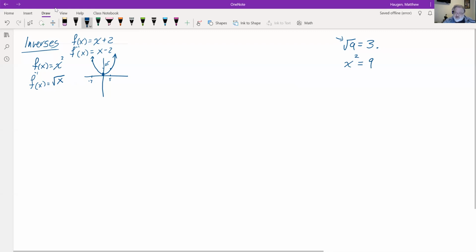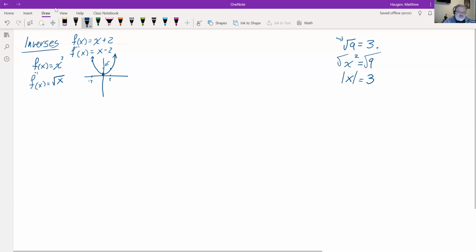And the reason it gives us plus or minus 3 is because we take the square root of both sides. And again, what's the square root of 9? It's 3, period. The issue is that the square root of x squared isn't a correct inverse because it doesn't work. The square root of x squared is not equal to x, no matter how much we want it to be. The square root of x squared is the absolute value of x.